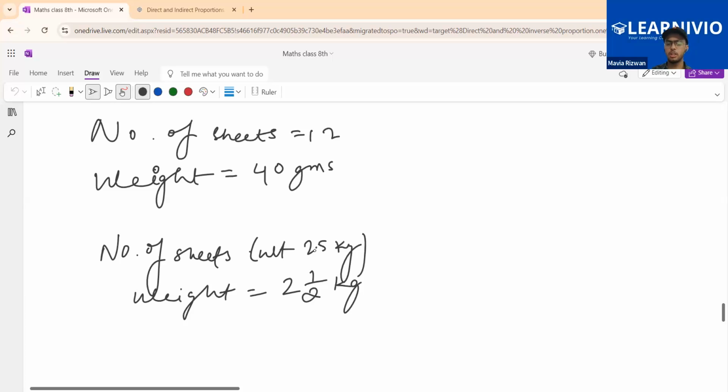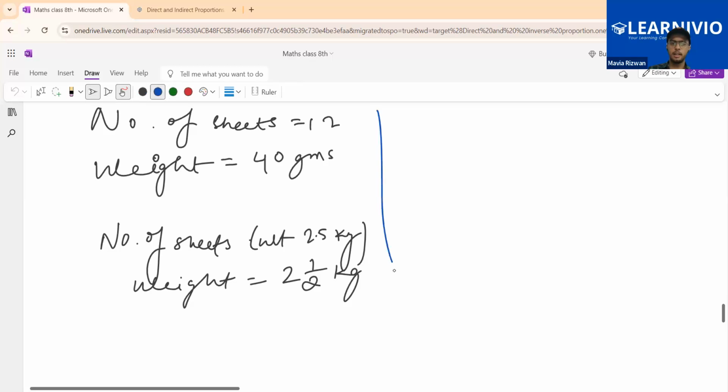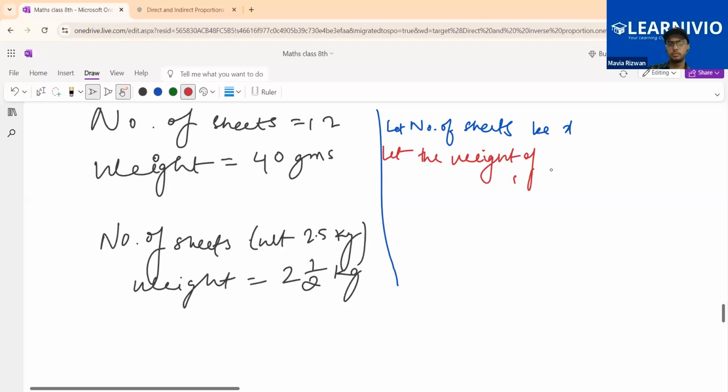Yes, Rida, Khadijah, Chakrika. Number of sheets is x. So let number of sheets be x. Then let the weight of sheets be y. So number of sheets is x and the weight of sheets is y.